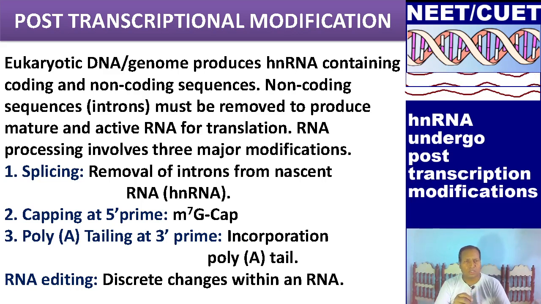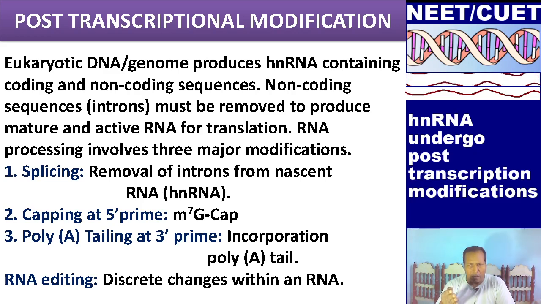So, post-transcriptional modification in eukaryotes involves 3 major types of modification. First one is splicing. Splicing means removal of introns from nascent RNA, that is hnRNA. Second one is capping at 5 prime.